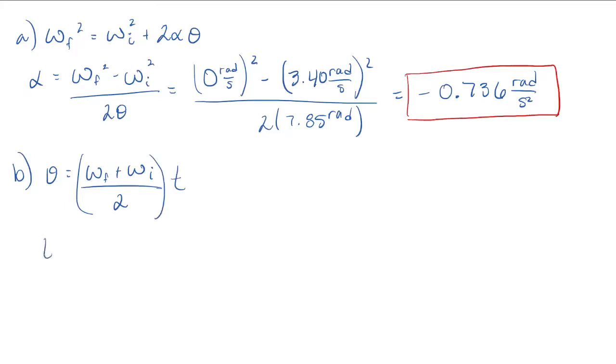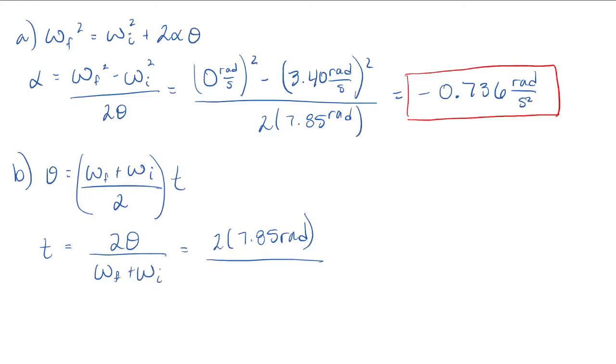And then I'm going to rearrange for time, which will look a little something like this. So that is 2 times 7.85 radians divided by 0 plus 3.4.